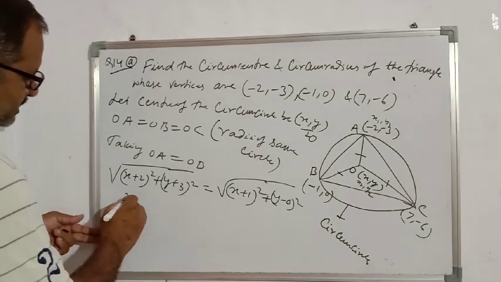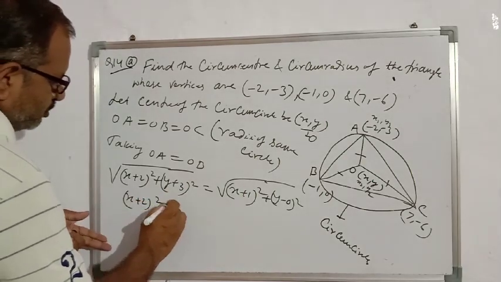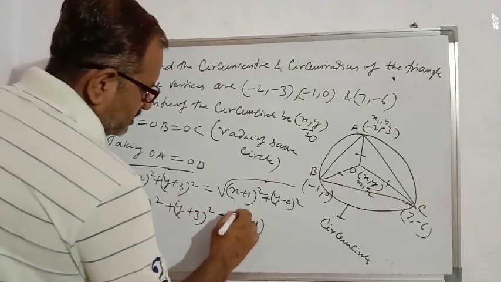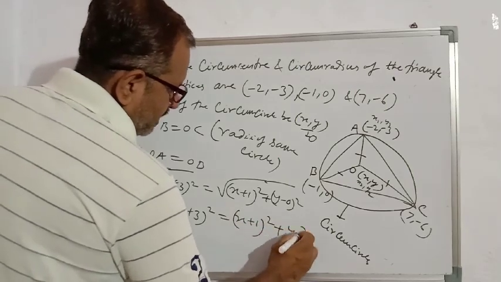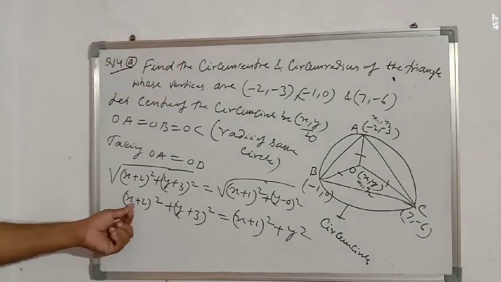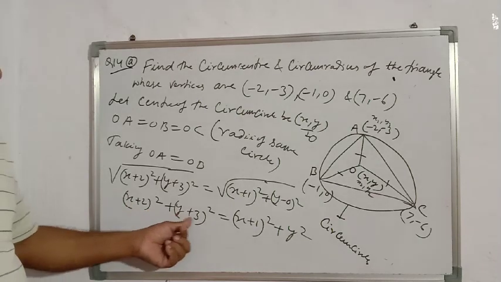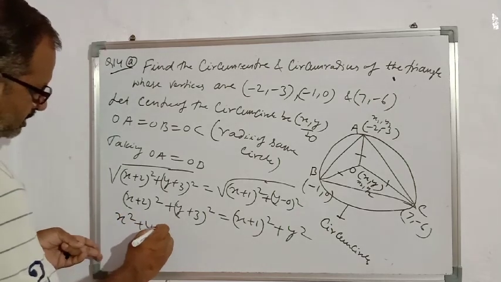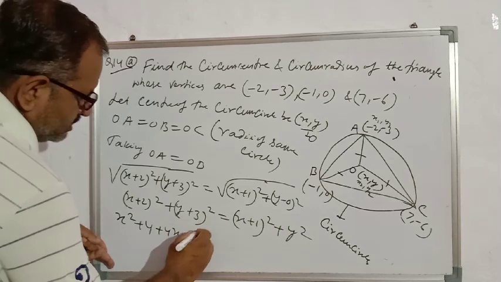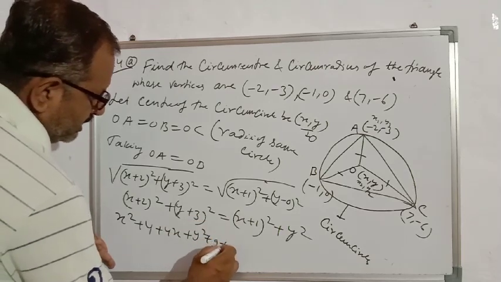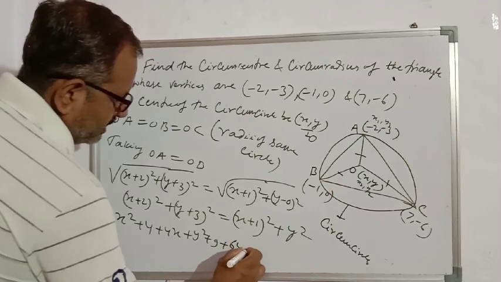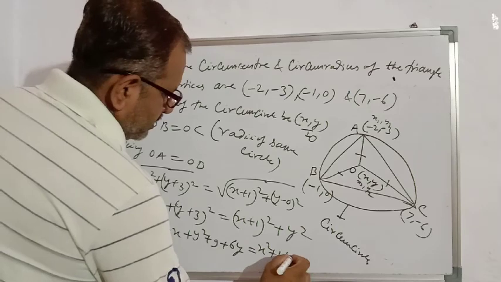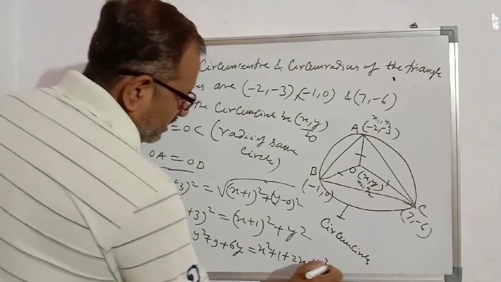Squaring on both sides, we will get x plus 2 whole square plus y plus 3 whole square is equal to x plus 1 square plus y square, since y minus 0 is y. Now open this bracket, a plus b whole square, expand it. So x square plus 4 plus 4x, y square plus 9 plus 6y is equal to x square plus 1 plus 2x plus y square.